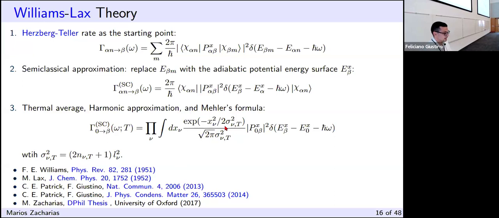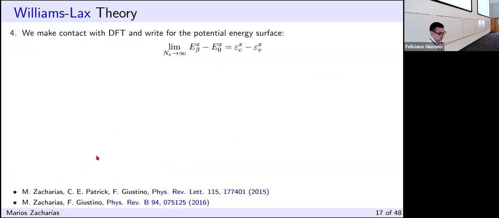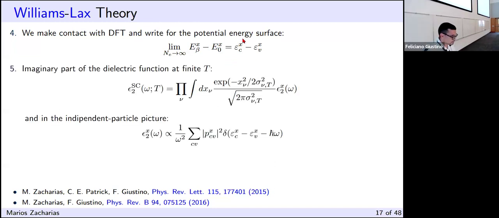Here, these Gaussians have a width sigma, where sigma is given by the mean square displacement of the atoms, where L is the zero-point amplitude, and n here is the Bose-Einstein occupation factor. So if we want to make some contact with DFT, we can simply subtract the potential energy surface of the excited state from the ground state, and for an extended system, here we can get the energy difference between the Kohn-Sham states of the occupied and unoccupied states.